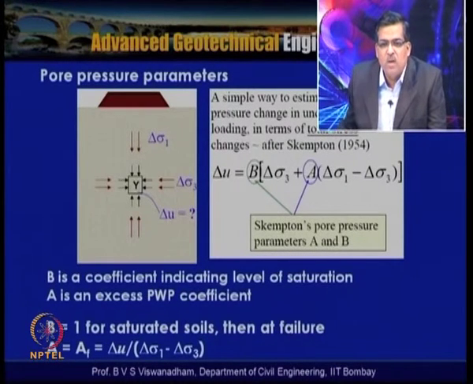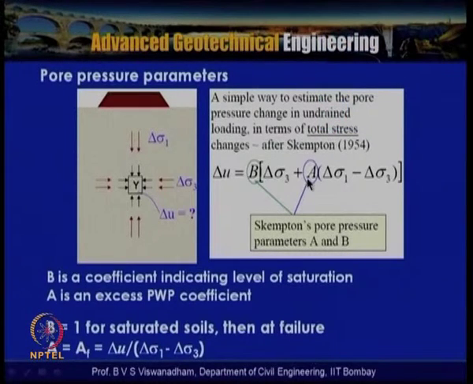When B is equal to 1, we can write A at failure, A f, is equal to delta u by delta sigma 1 minus delta sigma 3.